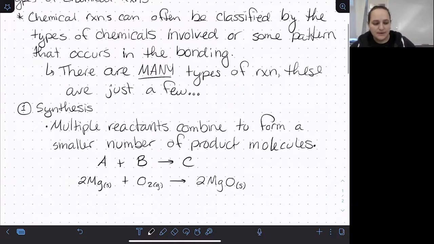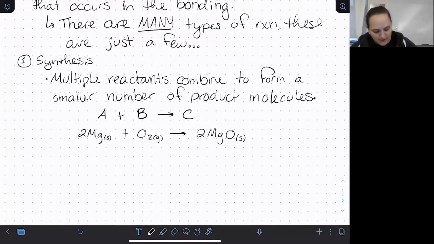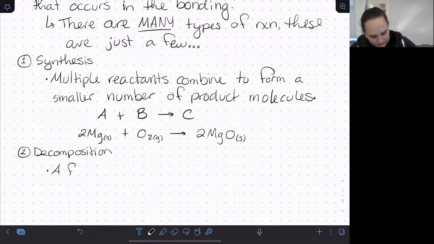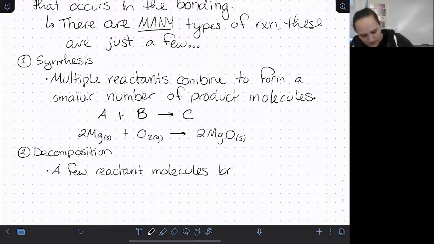The opposite of synthesis is what we call decomposition, which is when one or a few reactant molecules break down into a larger number of product molecules.